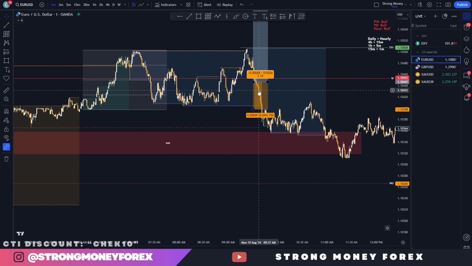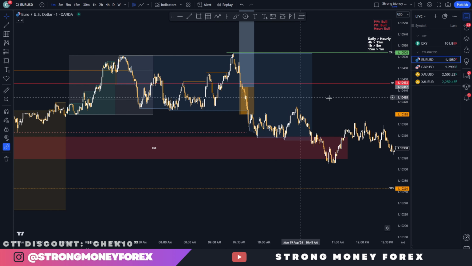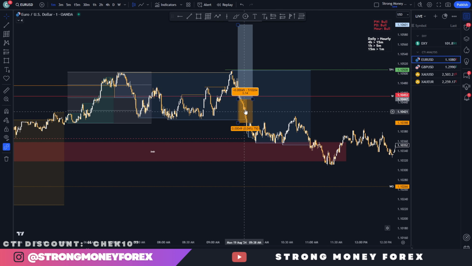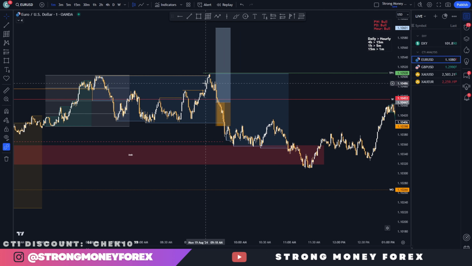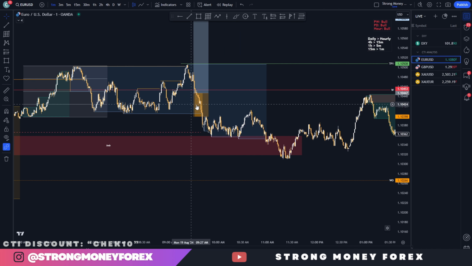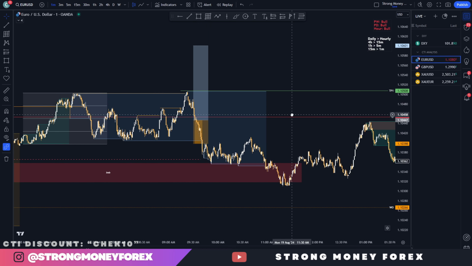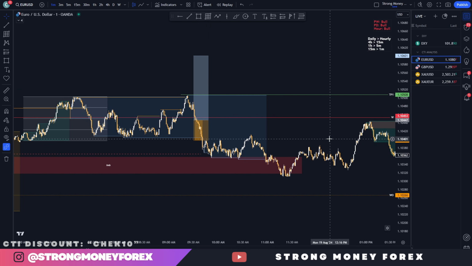For me, the only thing I probably could have waited for to really solidify this trade is an engulfing pattern, or maybe some lower time frame structure. But with the 1 minute time frame pushing up like this, I might have missed the move. So look, I took the trade, it failed, I'm okay with that.